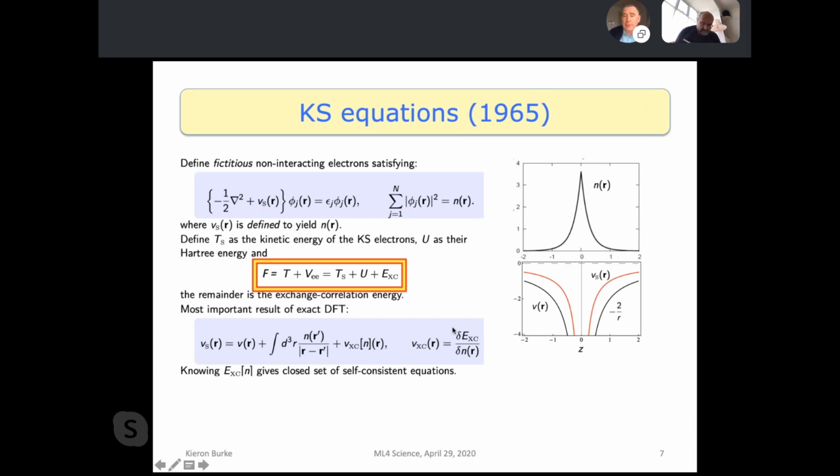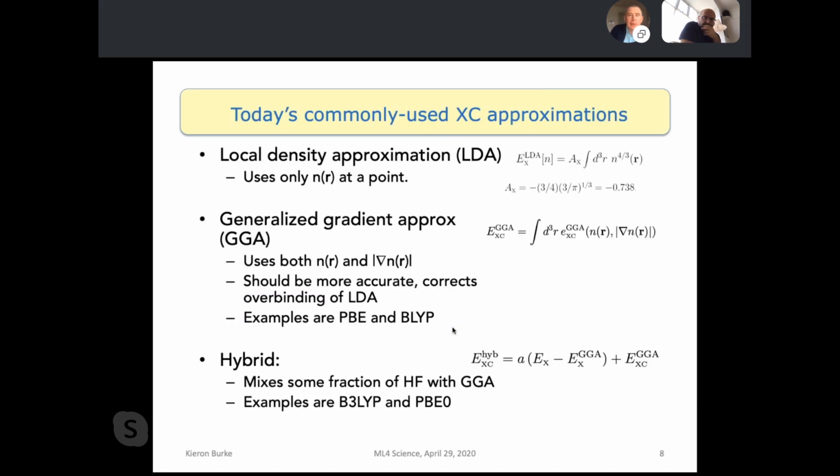They wrote down the first and one of the best approximations, the local density approximation, already in their paper, and it was used for a generation in solid state physics. Today we have many more, in some sense too many more, standard approximations. The first one is the local density approximation, where you can derive the exchange formula by hand. Then there are the GGAs, generalized gradient approximations, most commonly used in materials.